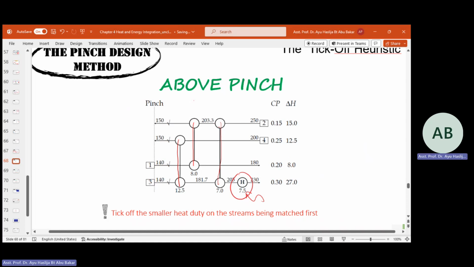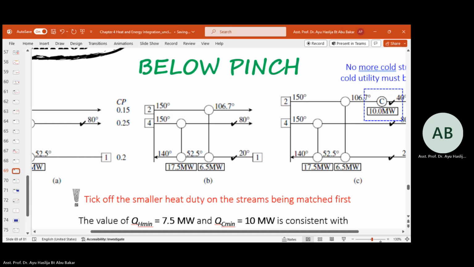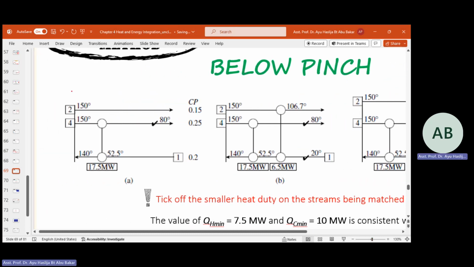Okay, now this is above pinch. Similar approach for below pinch. Below pinch, CP hot is larger or the same as CPC. So 2 and 4 are hot, only 1 cold stream.